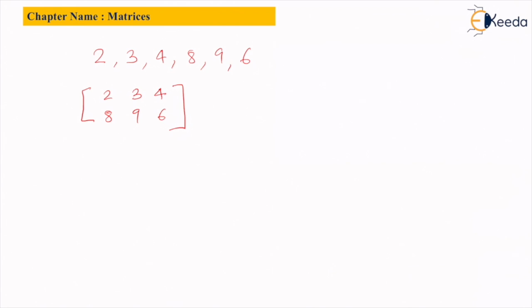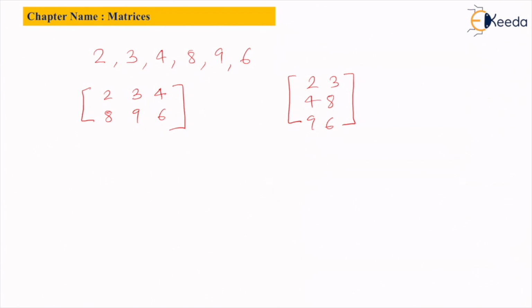So you divided these 6 elements into 2 rows, and each row has an equal number of elements. Or I can say you have divided these numbers into 3 columns, and each column has an equal number of elements. Maybe one of you can make this matrix as 2, 3, 4, 8, 9, 6.